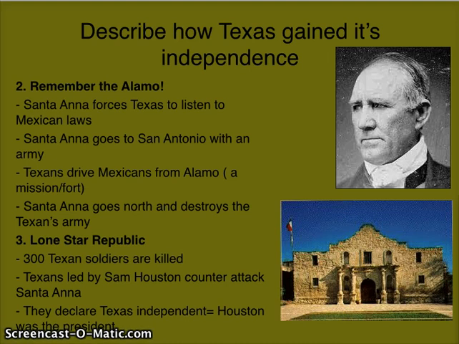And as they're counterattacking, they're sort of yelling, remember the Alamo. So remember what happened in the Alamo. This is now a very famous saying in America still today. After this battle, Texas is able to declare its independence, and Houston ends up being the president of Texas, which is now its own country.